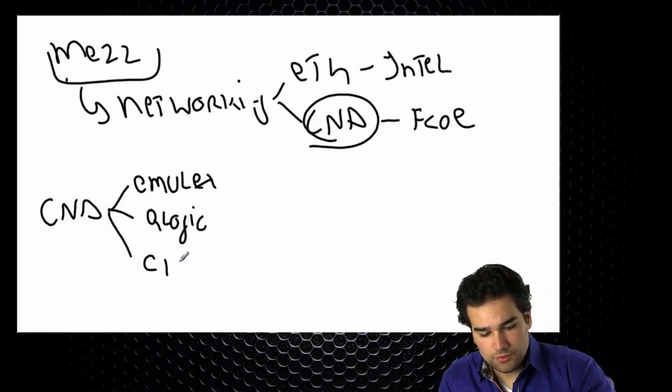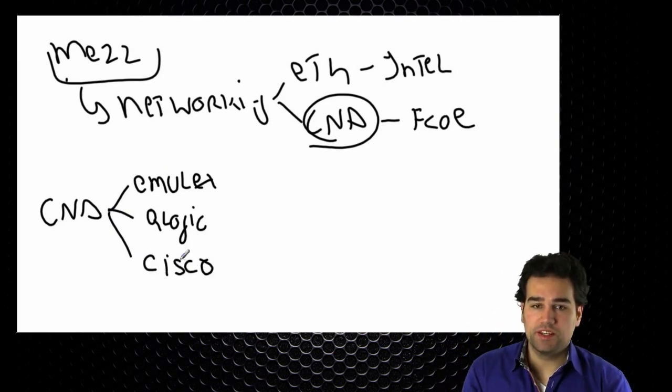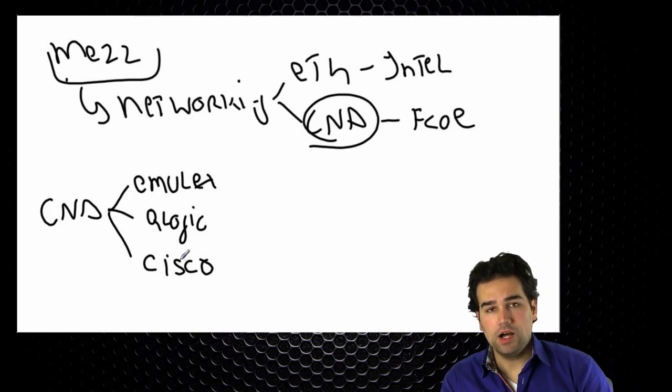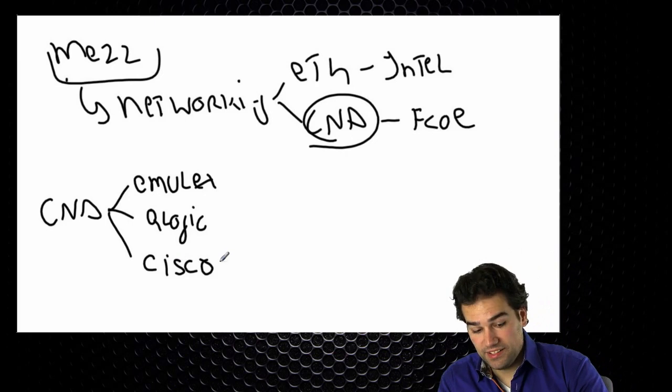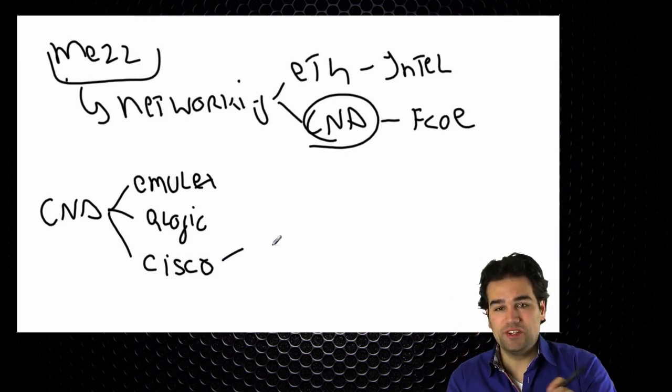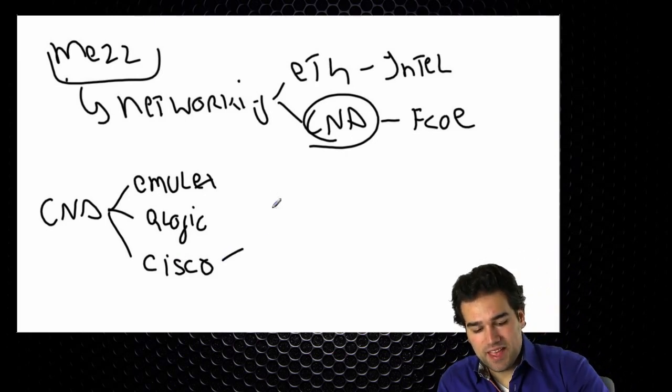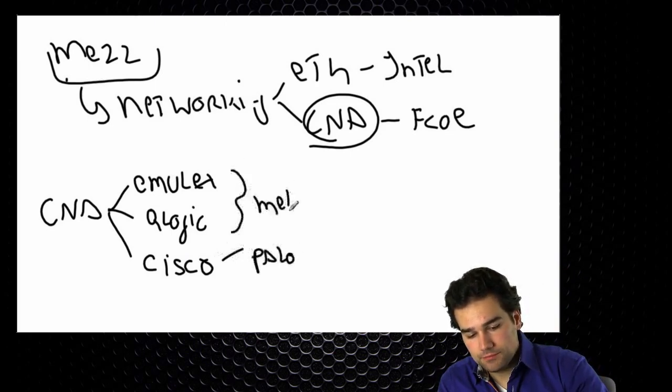So Cisco creates its own converged network adapters. And of that Cisco adapter, there are a couple options. Again, so the tree grows here. So they all are called Palo cards. And these cards are called Menlo cards.